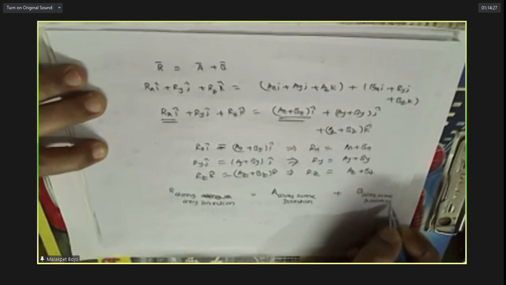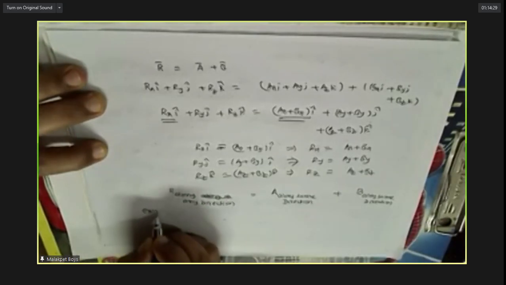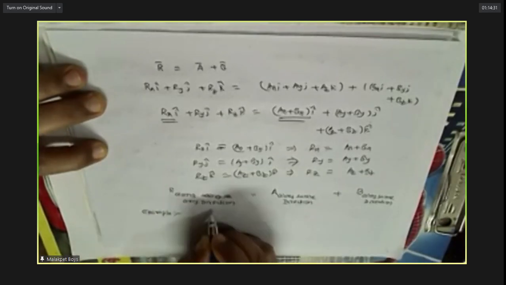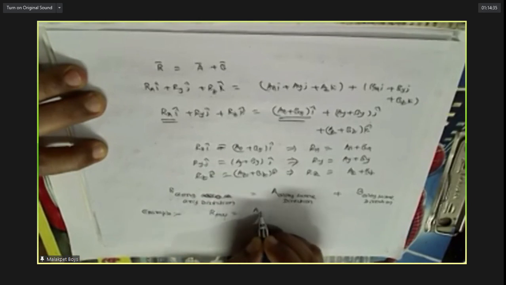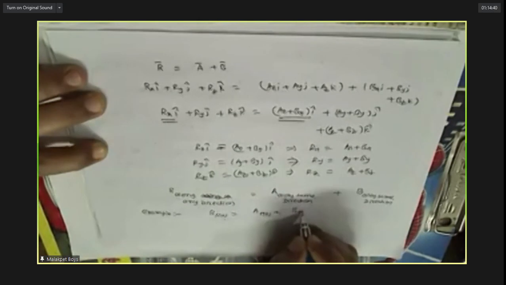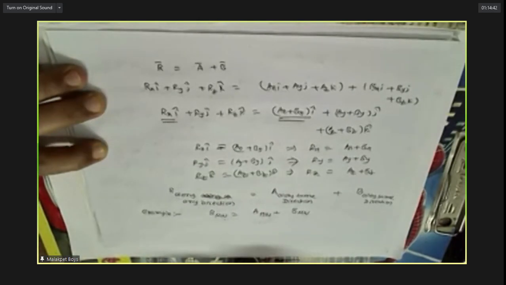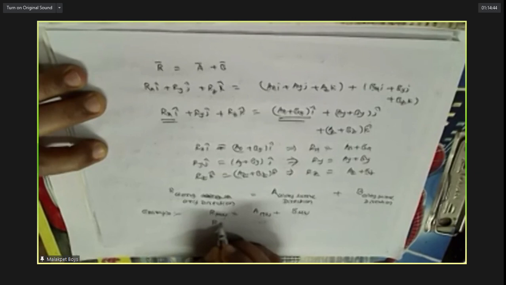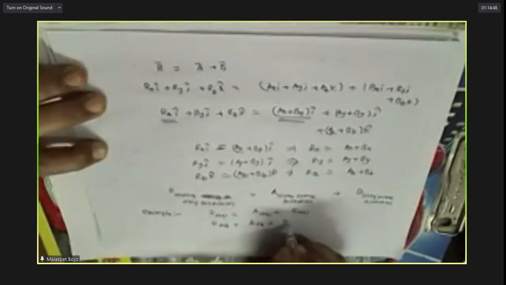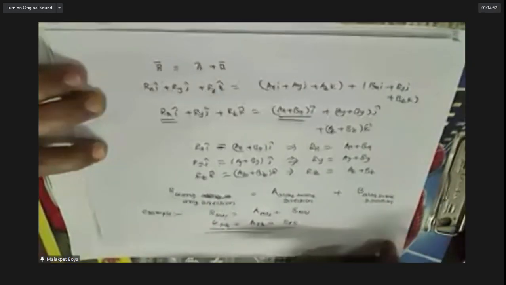For example, if I take R resultant along MN, I should take A along MN plus B along MN. Agreed or not? Or R along PQ, A along PQ, B also along PQ. Remember this? Same concept I used here.